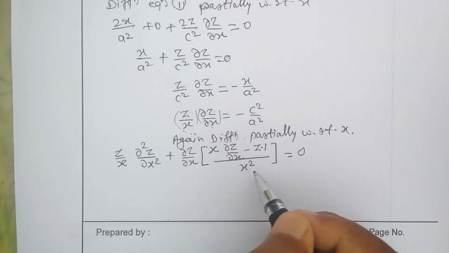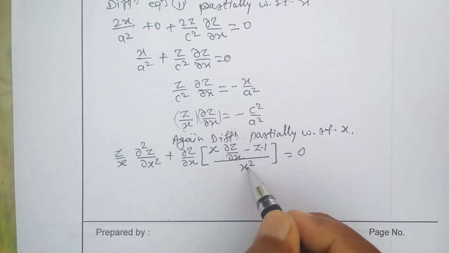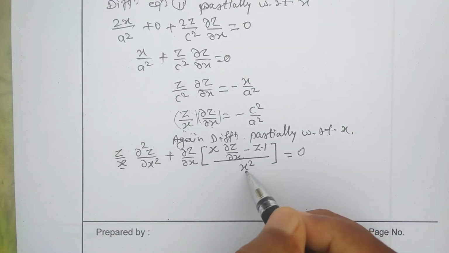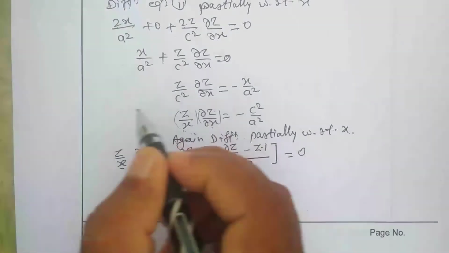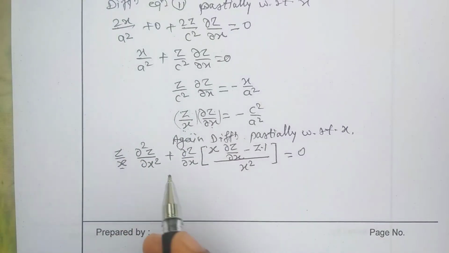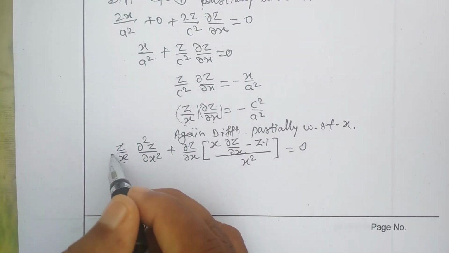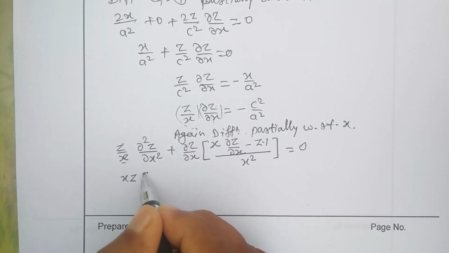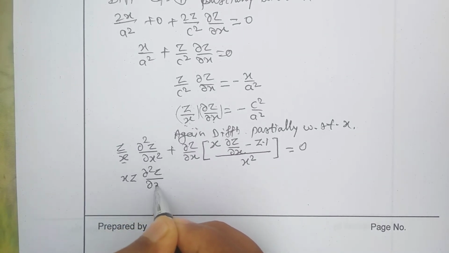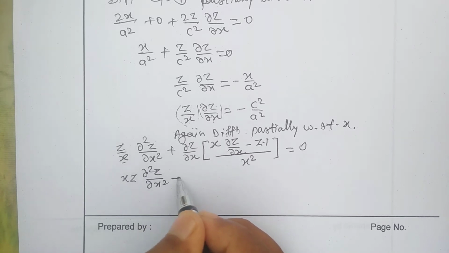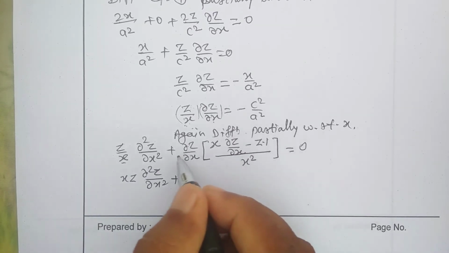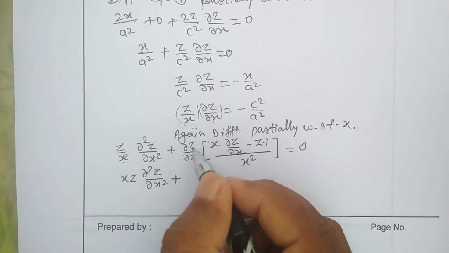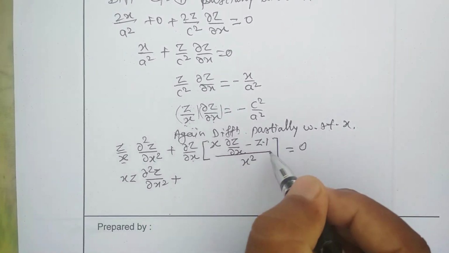Now we have to simplify this. See here, in the denominator there is a term of x, and here the denominator contains x square. So I am going to multiply the whole equation throughout by x square. So you will get x square into z upon x; one x gets cancelled, and you will get xz into del square z by del x square, plus, when we multiply by x square, it gets cancelled, we will get del z by del x into the numerator.